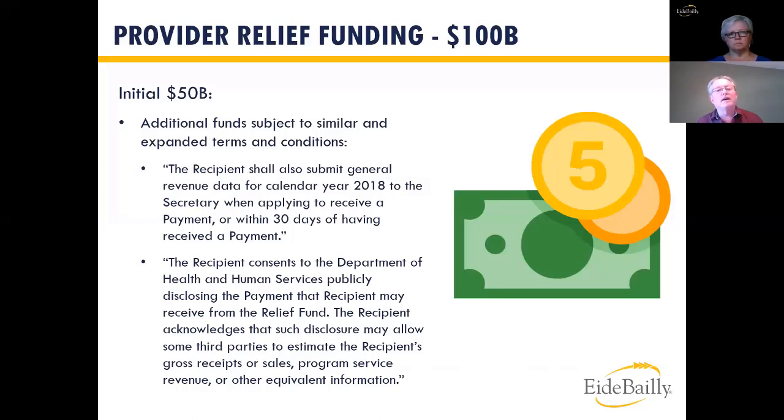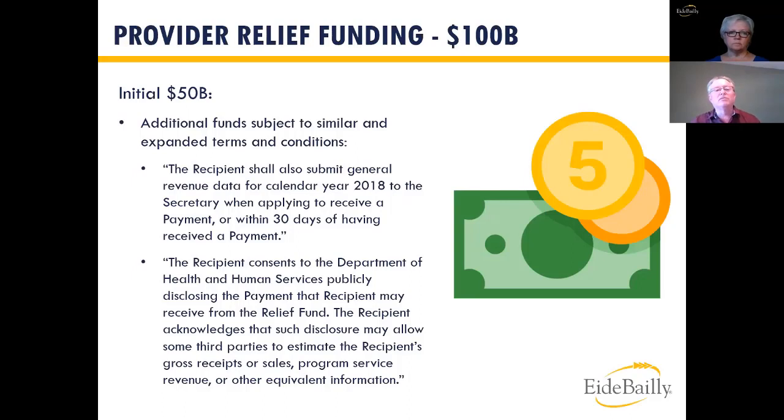Next slide just talks a little bit about a couple of things that you need to be aware of. You did have the terms and conditions in the initial piece. And with that, it talks about the fact that you're going to have to submit some 2018 data, either when you get the repayment or within 30 days. It also says that you're going to consent that DHHS can publicly disclose the payment of the recipients.